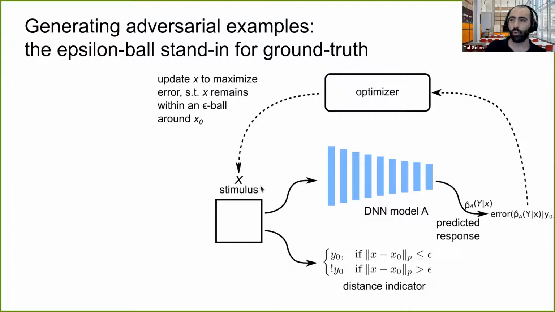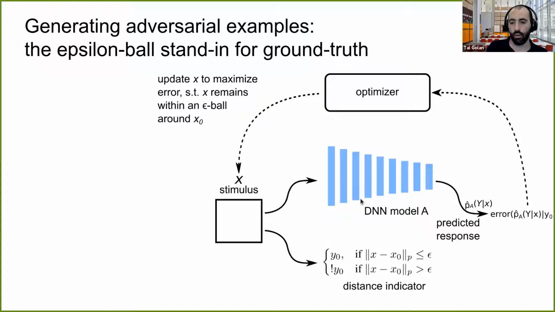So the idea is that we consider a natural image along with its human-driven label. And we make the assumption that within a certain ball of radius epsilon, a ball in image space, the correct label doesn't change. So if we apply a perturbation whose magnitude is less than or equal to epsilon, the model should keep its original classification.